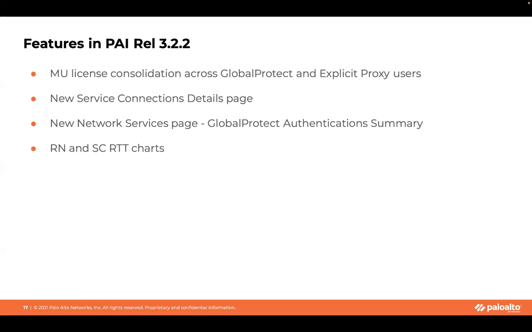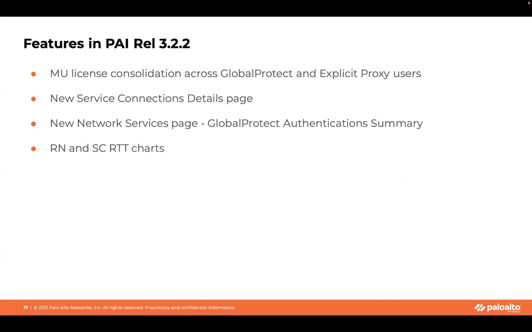The entire MU license can be used as desired across GlobalProtect and Explicit Proxy, and we report MU license consumption by looking at the usage across both, and we do not double count users who have used both GlobalProtect and Explicit Proxy.